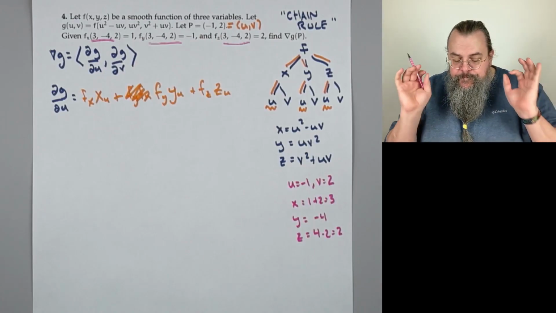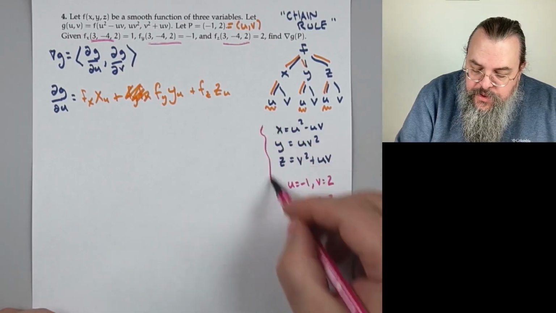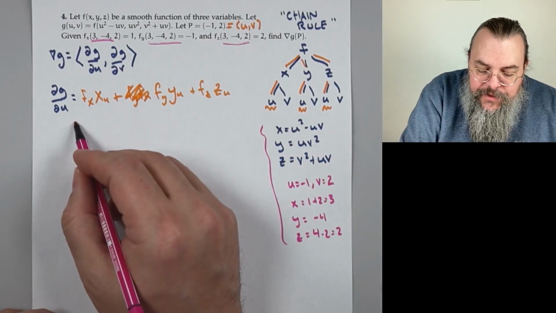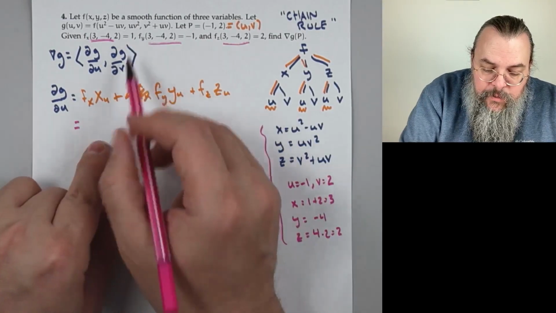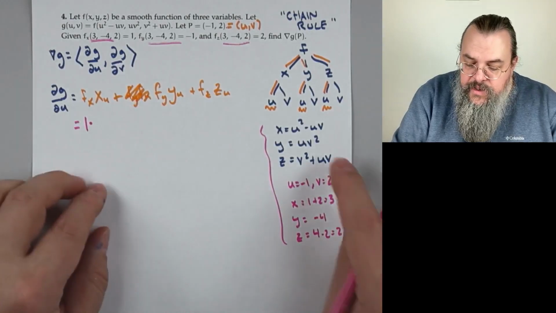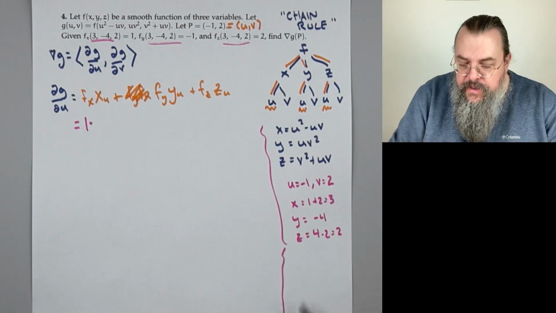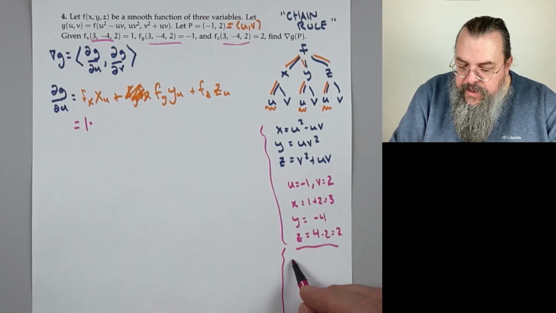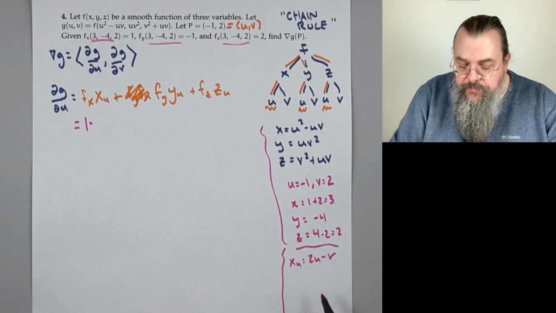So here we go. There's a lot to unravel here. Okay, so we have f sub x is 1, x sub u. We're going to keep writing here. X sub u is 2u minus v.